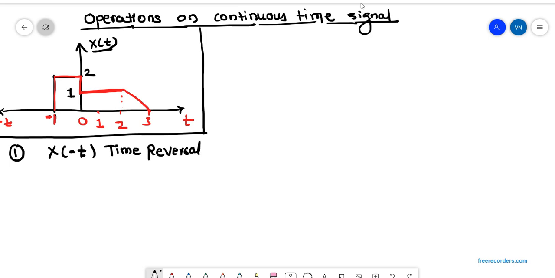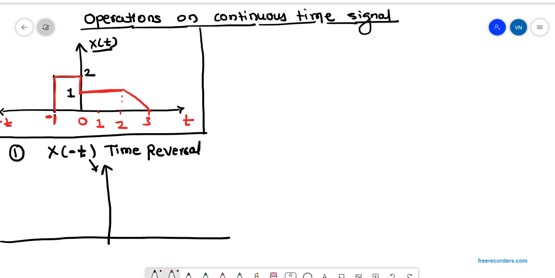In a time reversal signal, we have to do only one thing: whatever the value is, it will be reversed. You just have to draw a mirror image of the original signal.